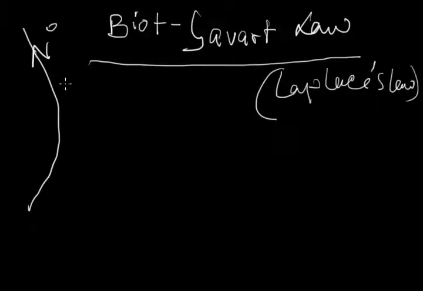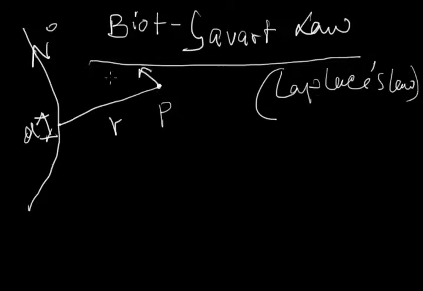Now, according to the Biot-Savart law, if there is a current flowing in an arbitrary conductor, we have an elementary length segment del L here, and then we have a distance measured from this elementary length segment, R, and there is a point P where we find the magnetic field B. The angle between del L and R we mention as theta, and we can find that B is directly proportional to I, that is the current flowing in the circuit.